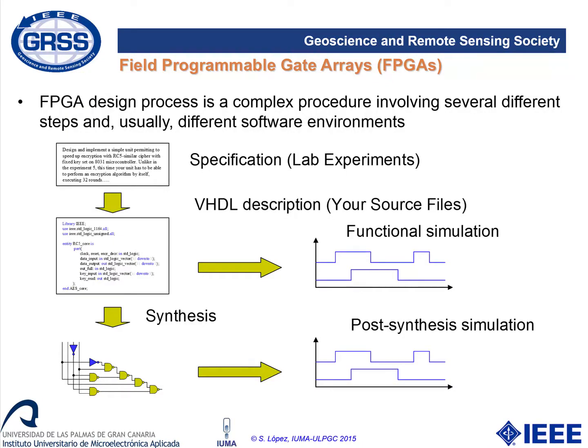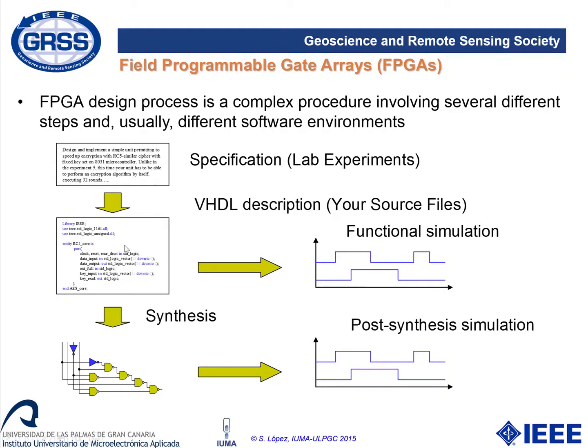So how do we map an algorithm into an FPGA? Well, this is normally a complex procedure that involves several different steps and normally also different software environments. So it all begins with a specification. Then we have to translate this specification into a hardware description language, where the most common options are VHDL or Verilog.